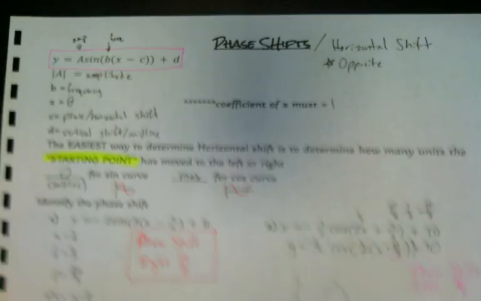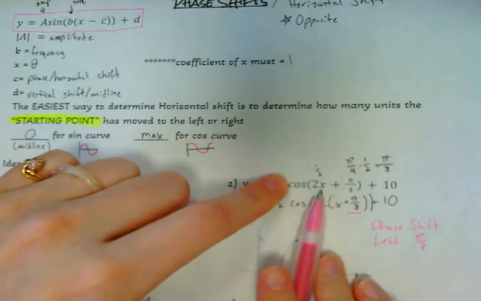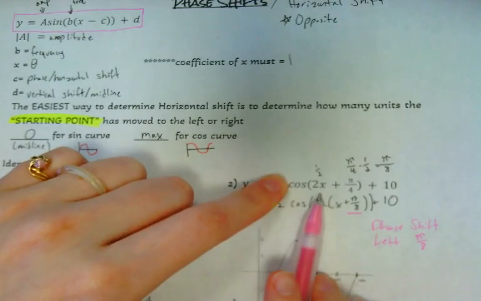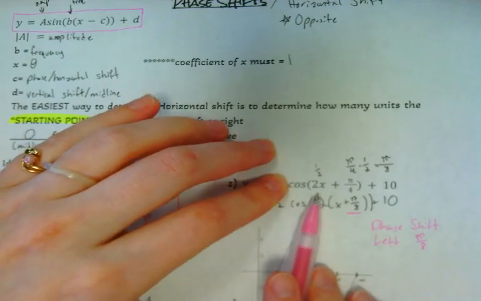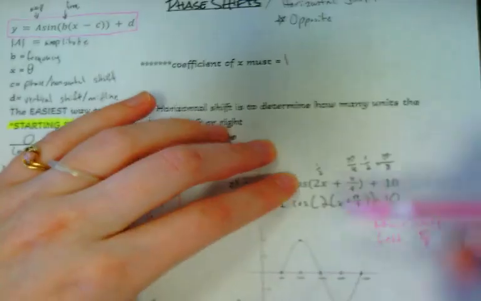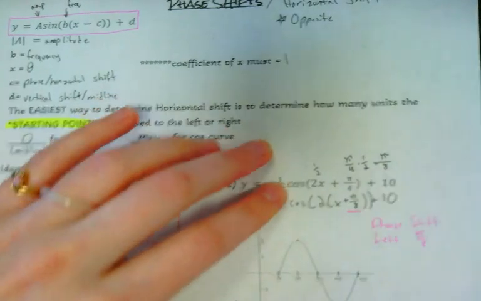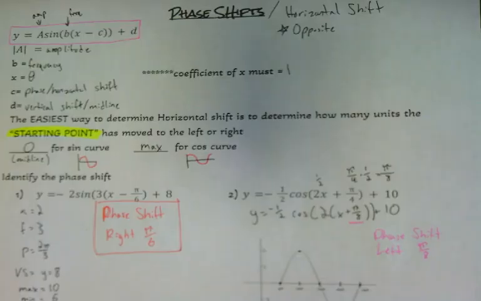What do you mean disappear? I took that 2 out. So that meant I was dividing by 2 to get that out of there. 2 times 1/2 just gets me that x. If I redistribute this 2, I would get 2x plus pi over 4. I'm not adding or subtracting anything.